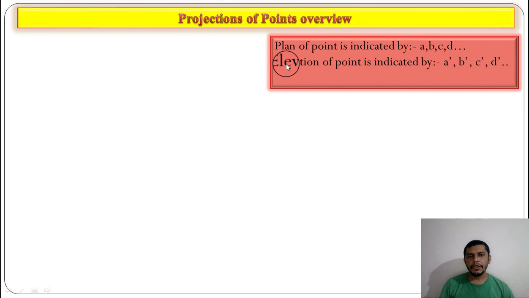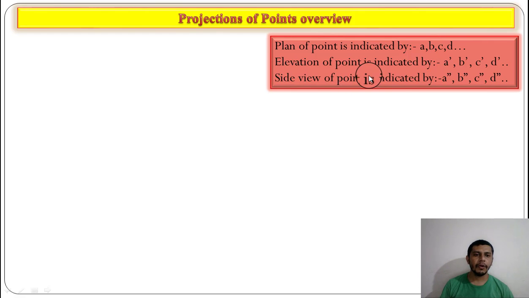To indicate the elevation of the point, we use small a, b, c, d with a dash on it, that is a dash, b dash, c dash, d dash, m dash, n dash, whatever it is. And to indicate the side view of the point, we use a double dash, b double dash, c double dash, d double dash or e double dash up to z double dash.